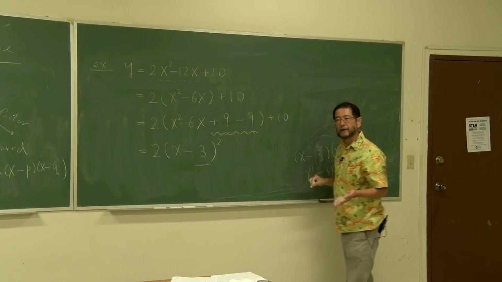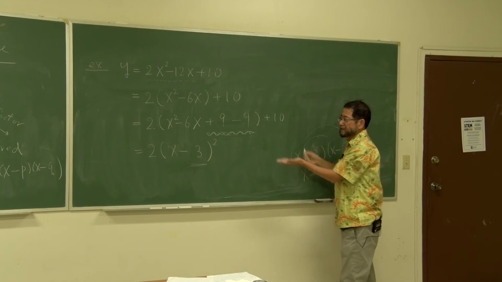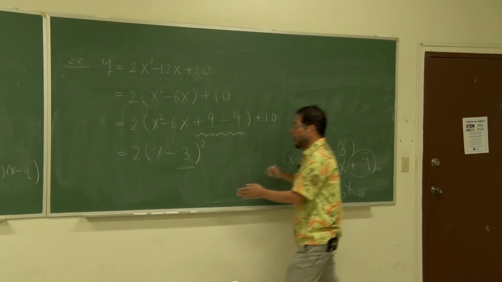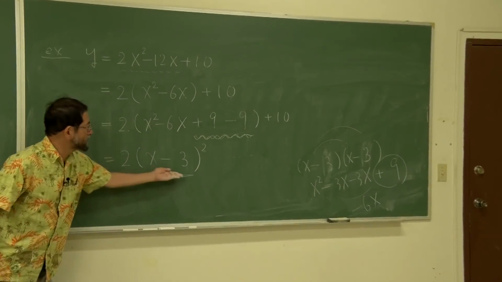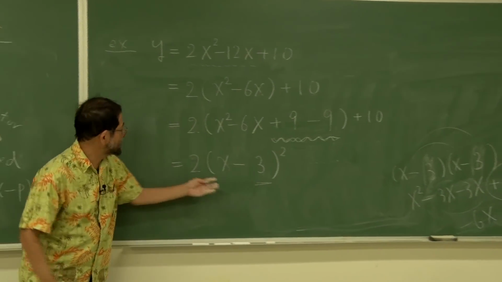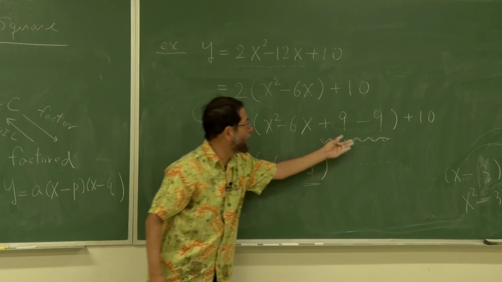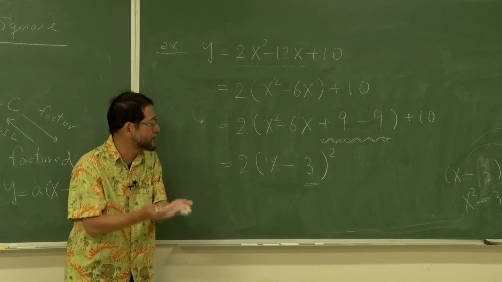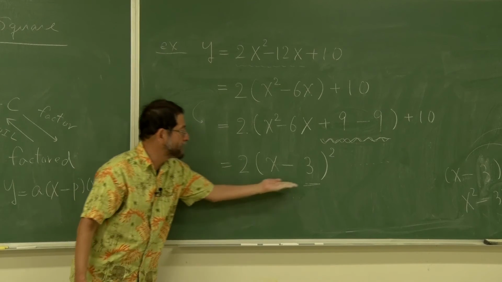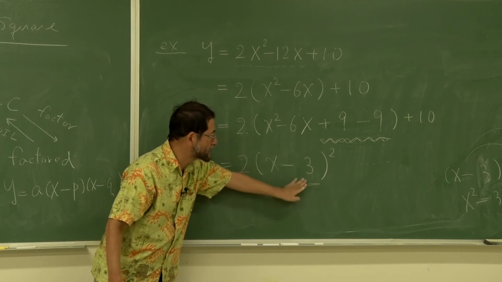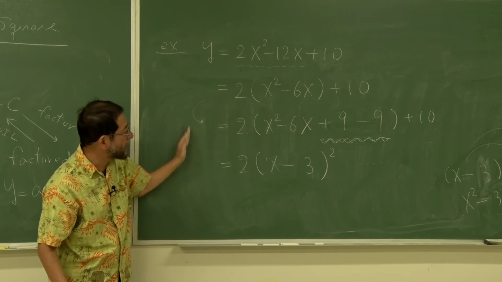The reason this technique is hardest is that if you suddenly see this without knowing what's going on, you wonder why it's plus 9 and minus 9. You have no idea until you get to the next line, so that's why this is hard.